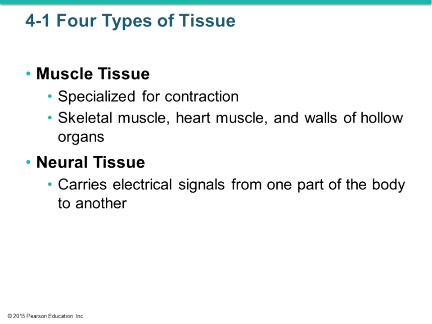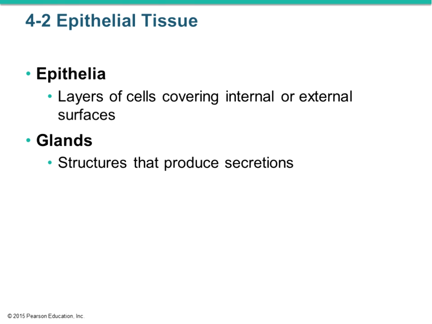There are 3 types: skeletal, cardiac, and smooth, and they all contract, but they're all different in terms of their location and function for the body. And finally, nervous tissue, where the thing we'll be looking at primarily is the neuron. The neuron is what conducts an electrical impulse or an action potential from the brain or the spinal cord out to peripheral targets in the body.